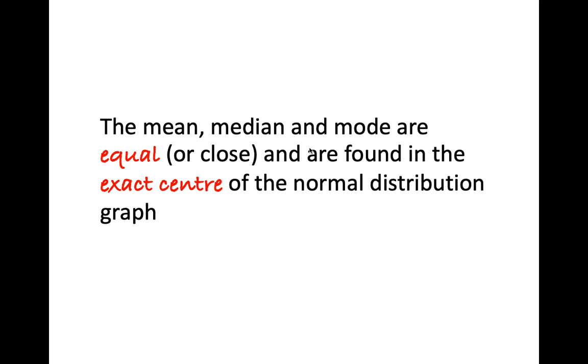And they are found in the exact center of the normal distribution graph. And then the rest of the data is spread out on either side according to the standard deviations from the mean. So if you have the mean and one standard deviation above or below, two above or below, the data is stretching out underneath, on top of those particular standard deviations and mean.